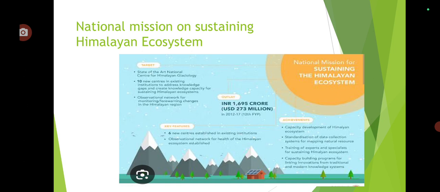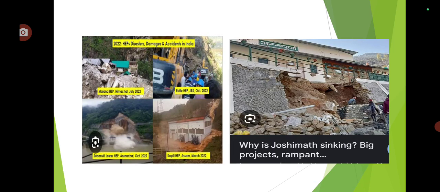Its objective is to evolve suitable management and policy measures for sustaining and safeguarding the Himalayan ecosystem, along with developing capacities at the national level to continually assess its health status. To address a variety of important issues, including studying the Himalayan glaciers and associated hydrological consequences, and prediction and management of natural hazards. But are these guidelines really being followed?